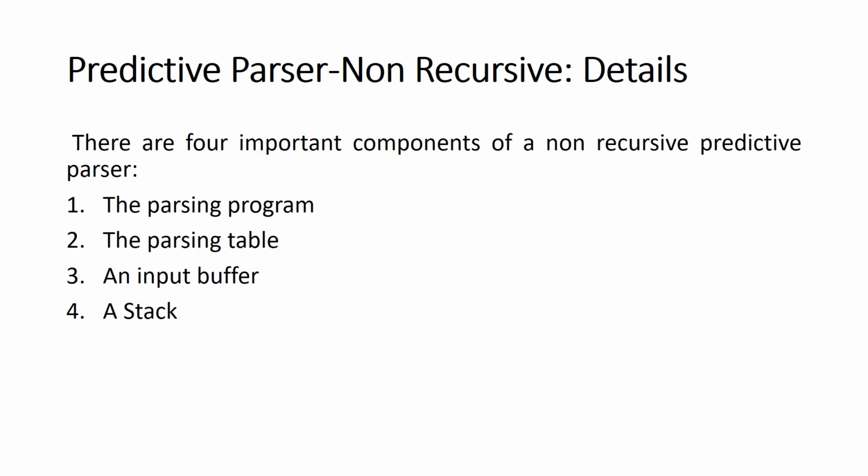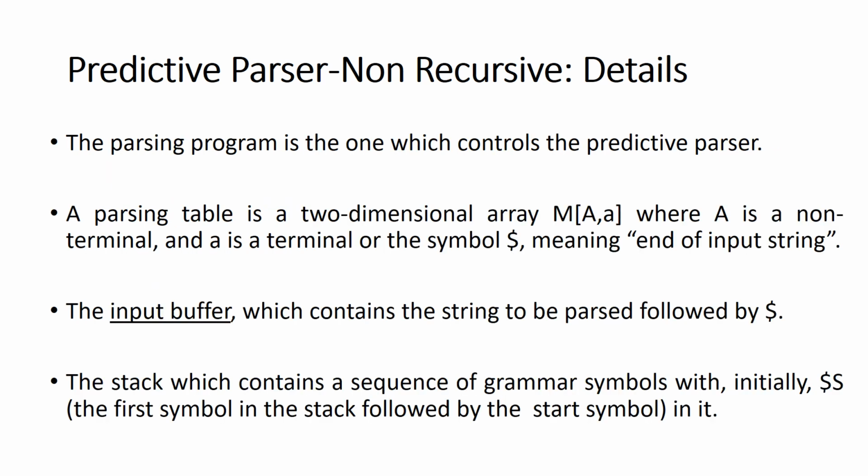There are four important components of a non-recursive predictive parser: the parsing program, the parsing table, an input buffer, and a stack. The parsing program is the one which controls the complete predictive parser. A parsing table is a two-dimensional array M[A, a], where capital A is the non-terminal and small a is the terminal, or the symbol dollar, which means end of the input string.